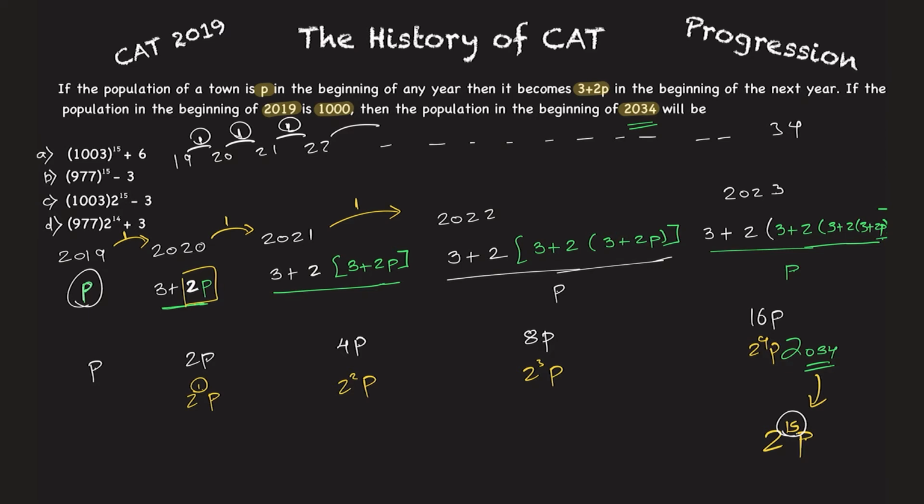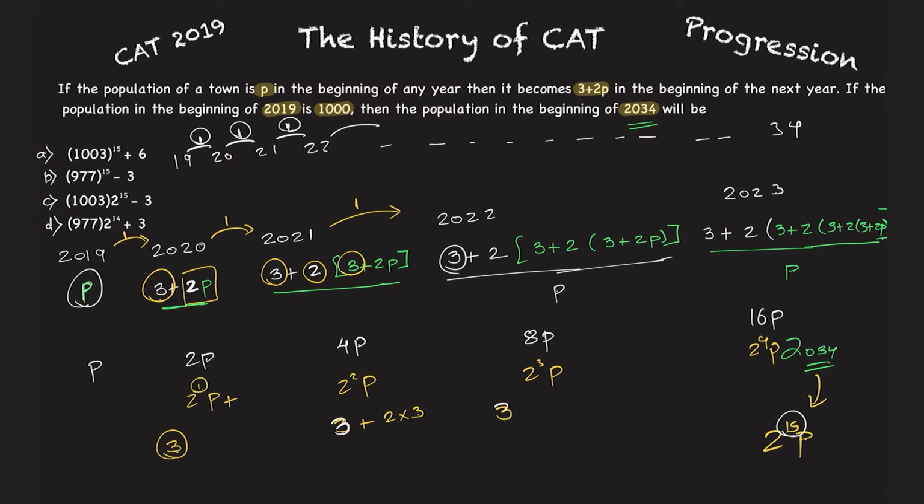So I got the p part. Now let us see the constant part, which means this 3. Next it will be 3 into 2 plus 3. So the constant part added here is 3. Here it will be 3 plus 2 into 3.